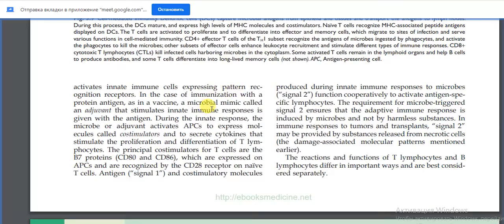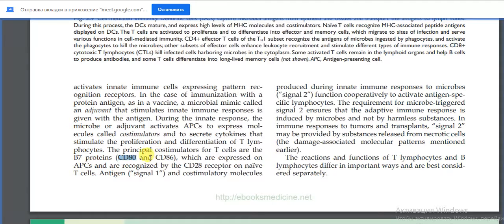During the innate response, the microbe or adjuvant activates APCs, antigen-presenting cells, to express molecules called co-stimulators and to secrete cytokines that stimulate the proliferation and differentiation of T lymphocytes. So when antigen-presenting cells encounter any kind of bacteria or antigen, they activate co-stimulators, factors of stimulation of T lymphocytes, like the B7 protein, another name CD80 or CD86.